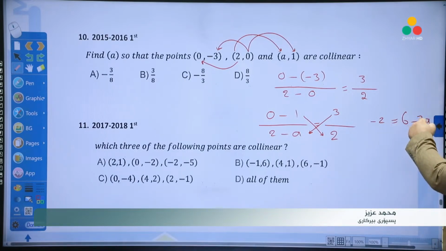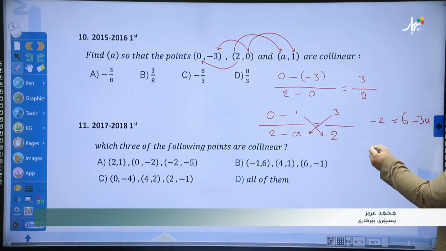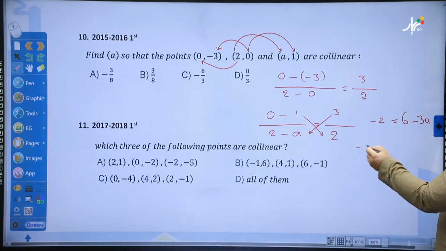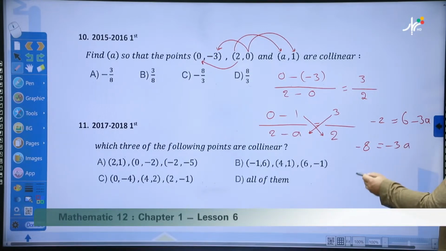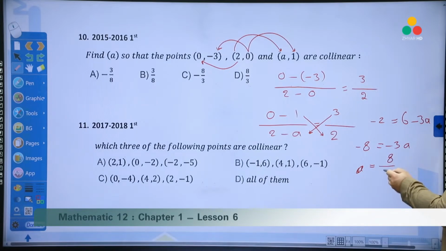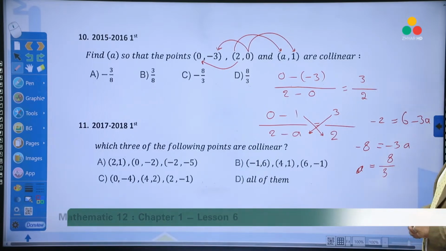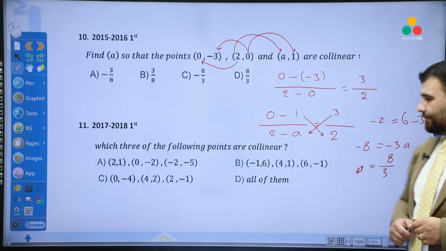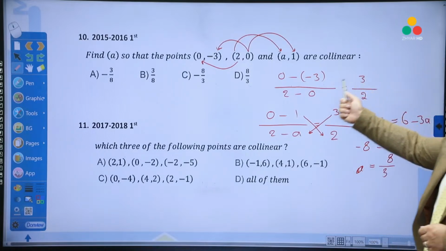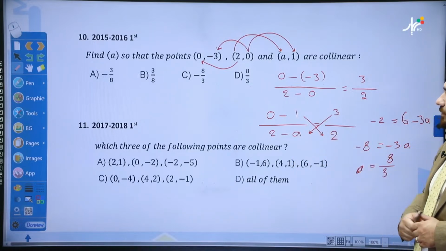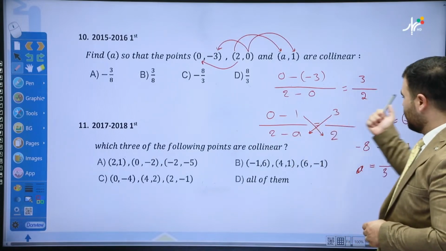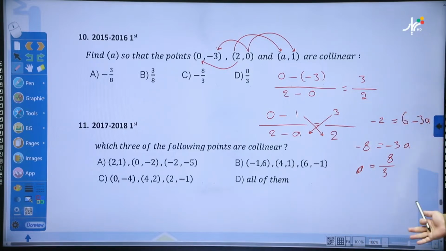Then 6 to the other side, negative 8 equals negative 3A. A is 8 over 3. 8 over 3 is choice B. To check that, if we put 8 over 3 here, this will make the result 3 over 2.